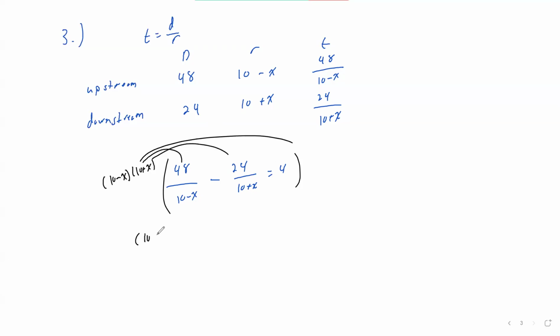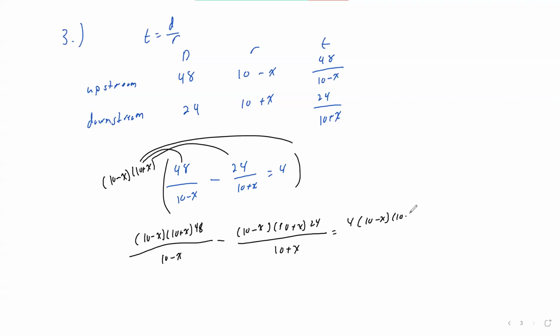So then I get 10 minus x times 10 plus x times 48 divided by 10 minus x, minus, hold on, we'll do 10 minus x times 10 plus x times 24 over 10 plus x, equals 4 times 10 minus x times 10 plus x. So then this would cancel and this one would cancel. So I'll go ahead and distribute.